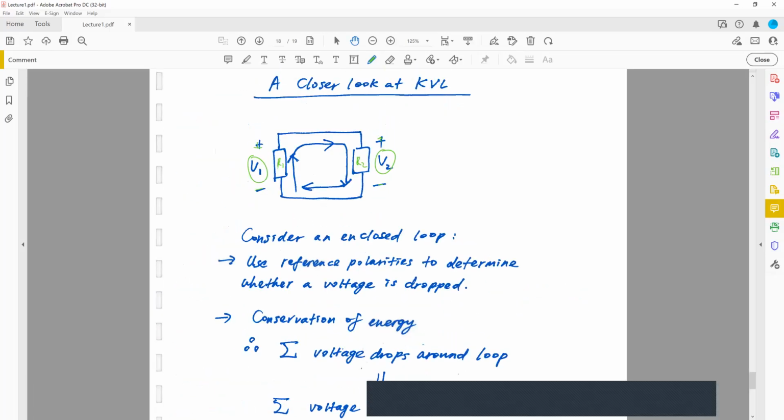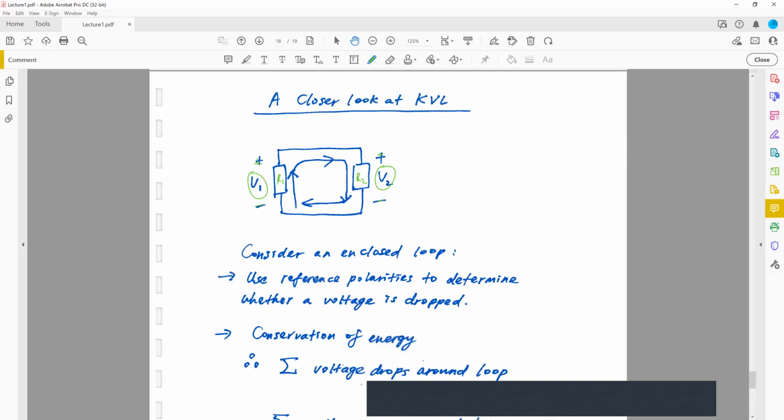So the algebraic sum. Now, if you look at this, I'm going to start from here. This is my starting point. I go up to the right, go down to the left. I have to end up at the same point, so that's how I complete my loop.